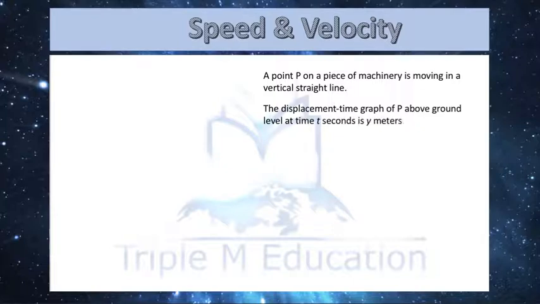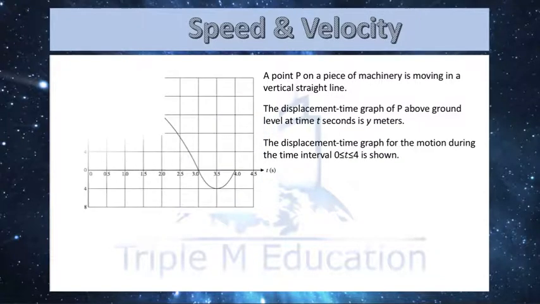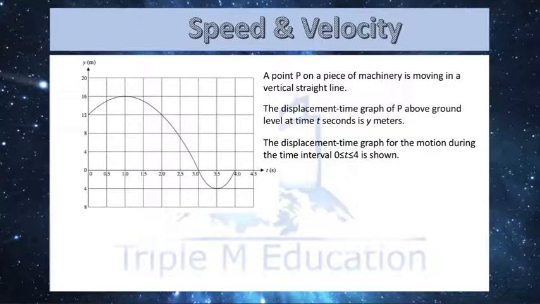The graph is shown between the time interval 0 and 4 seconds. Now notice in this case that the curve represents a change in velocity or a change in speed, however you want to think about it.